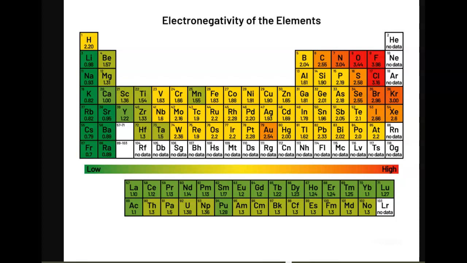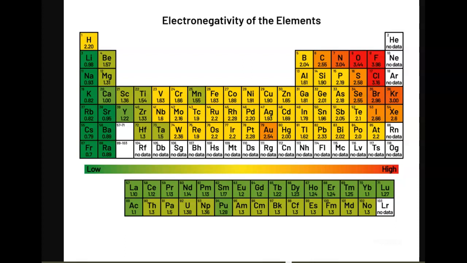And out of all elements, the element with the highest electronegativity is fluorine. So if it has a bond with any nonmetal, it will be fluorine that will attract shared electrons more, that will put them closer to its nucleus.